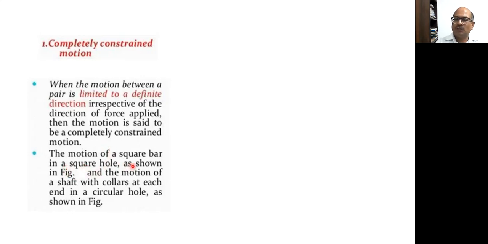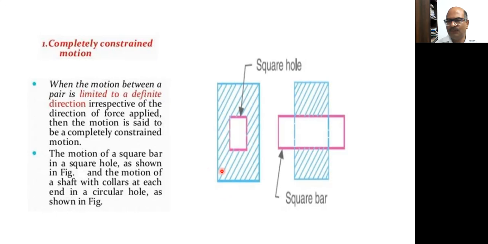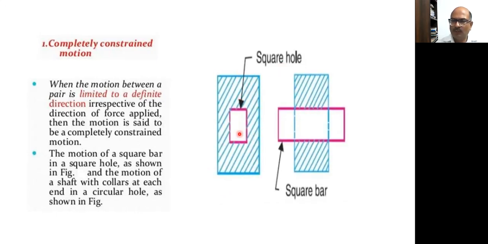So that kind of restriction is what we put under completely constrained motion. For example, the motion of a square bar in a square hole, as here in the figure. So this is the square hole and a square bar is being put over there. So this square bar can only move to and fro, meaning in this direction. It cannot rotate, right?